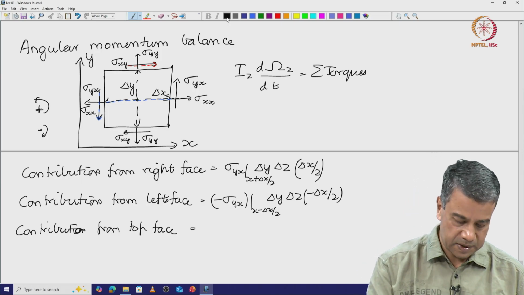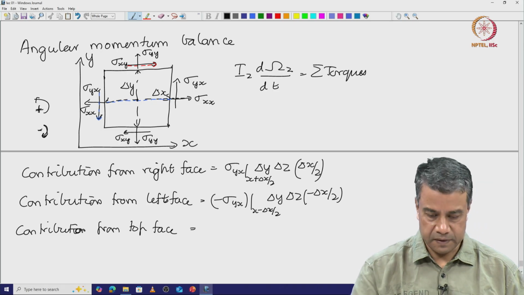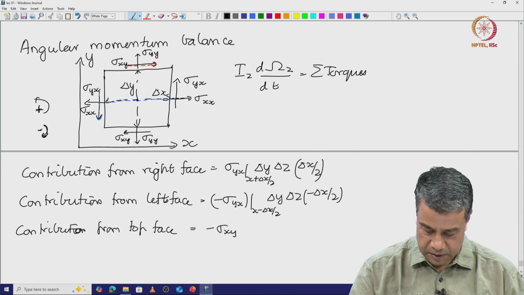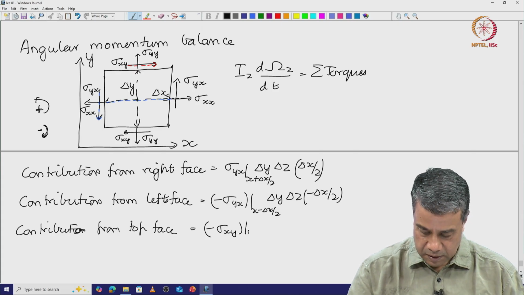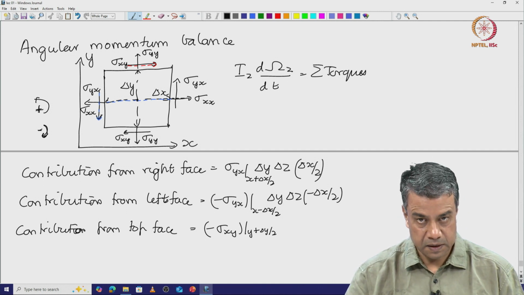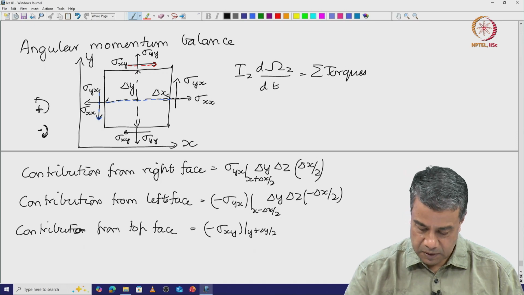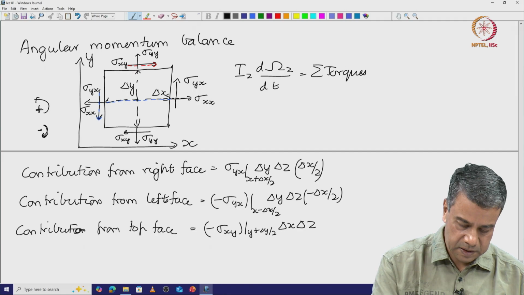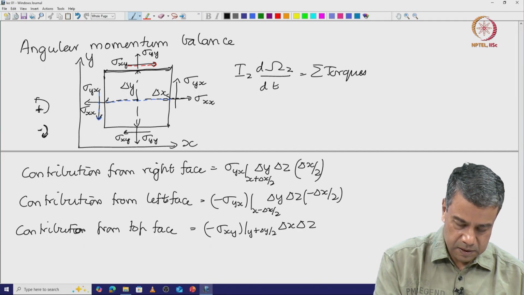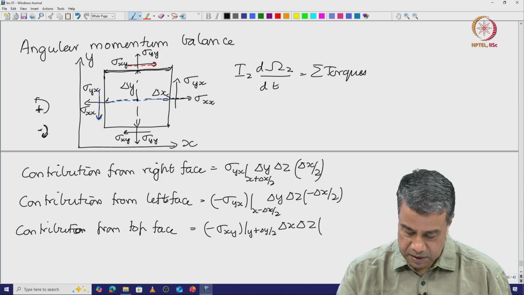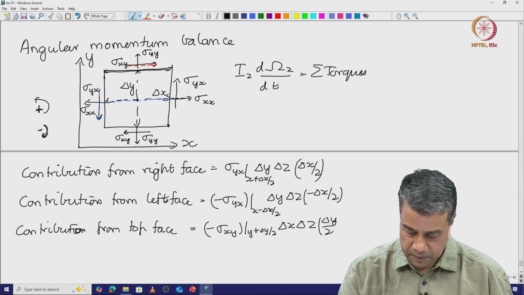So, this will be equal to minus sigma xy at y plus delta y by 2, times the area. Area in this case is equal to delta x times delta z, where delta x is this distance, times the perpendicular distance, that is delta y by 2.